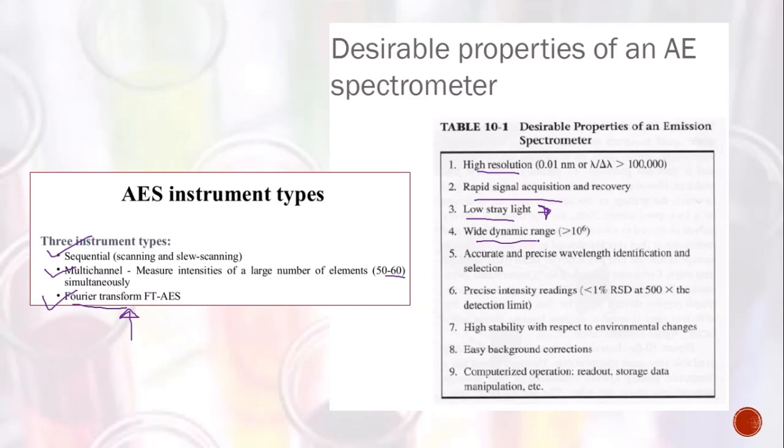A wide dynamic range to also be able to determine different elements, whether multiplex or not, but should be able to detect at least a wide range of elements, should be accurate and precise in terms of wavelength identification, should have precise intensity readings so that we can give the correct intensity and concentration, should have high stability with respect to environmental changes.